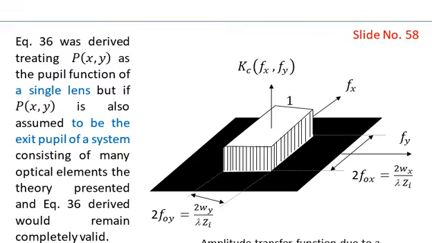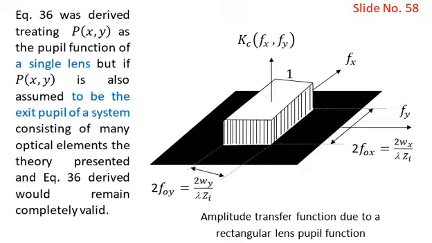Equation 36 was derived treating p of xy as the pupil function of a single lens, but if p of xy is also assumed to be the exit pupil of a system consisting of many optical elements, the theory presented and equation number 36 derived would remain completely valid. In the previous discussion we assumed the imaging system consists of a single lens.